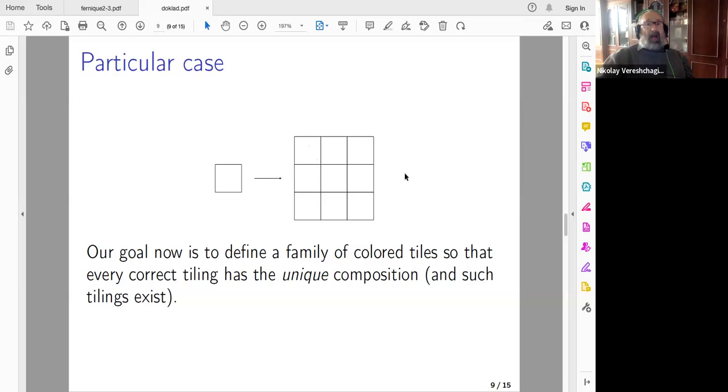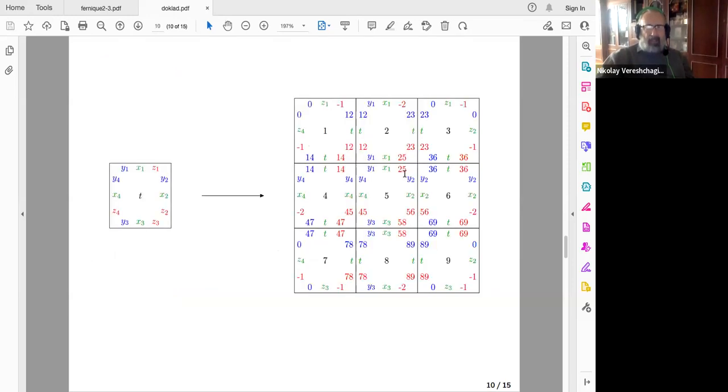So I will now define a particular set of colored tiles. To this end, let's contemplate this picture. On the left, we can see the general tile of our set.